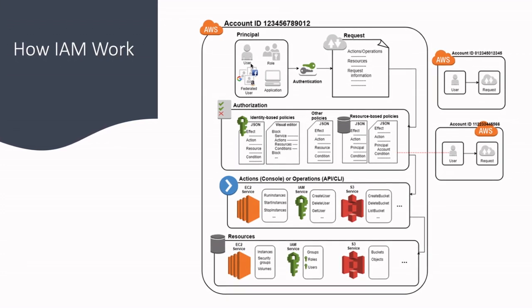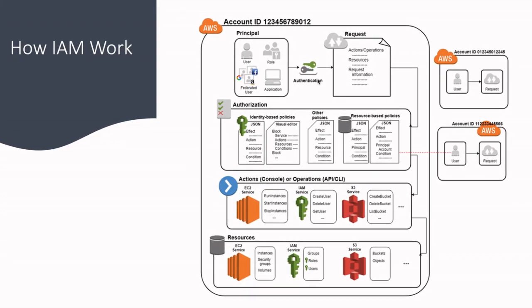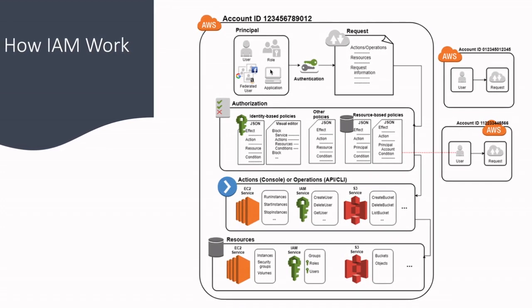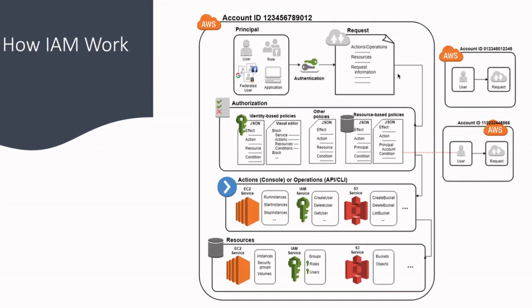A principal then sends an authentication request to authenticate into your AWS account. So principals authenticate with your AWS account, and after authentication is done, the principal then tries to perform certain actions like maybe create an EC2 instance or create an S3 bucket.